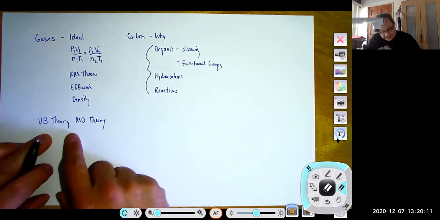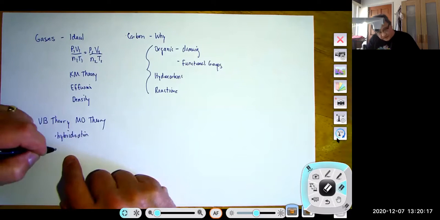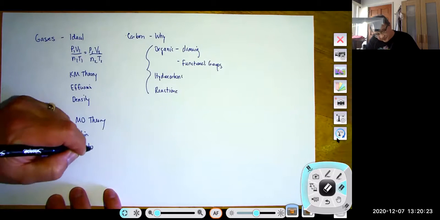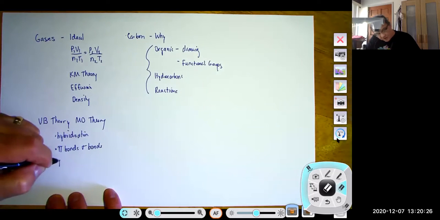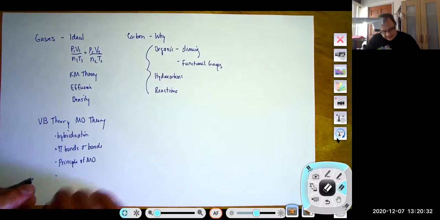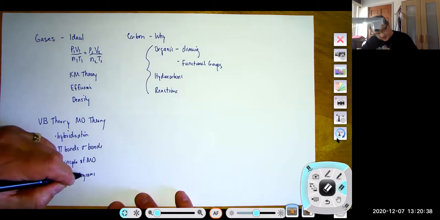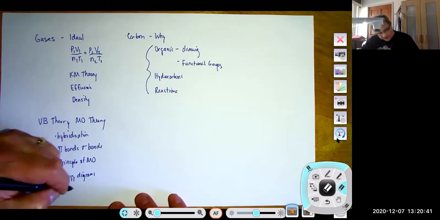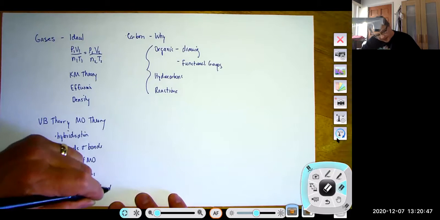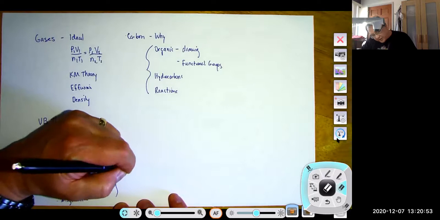So what are the big things here? Hybridization, pi bonds, sigma bonds, principles of MO, the energy diagrams, electron configuration, sigma bonds and pi bonds, magnetism, and the electron configuration.